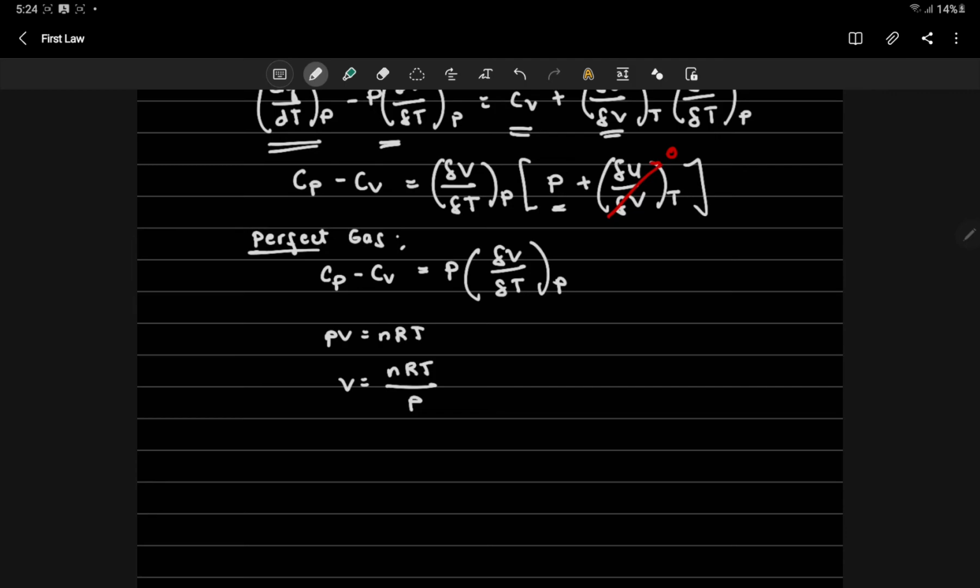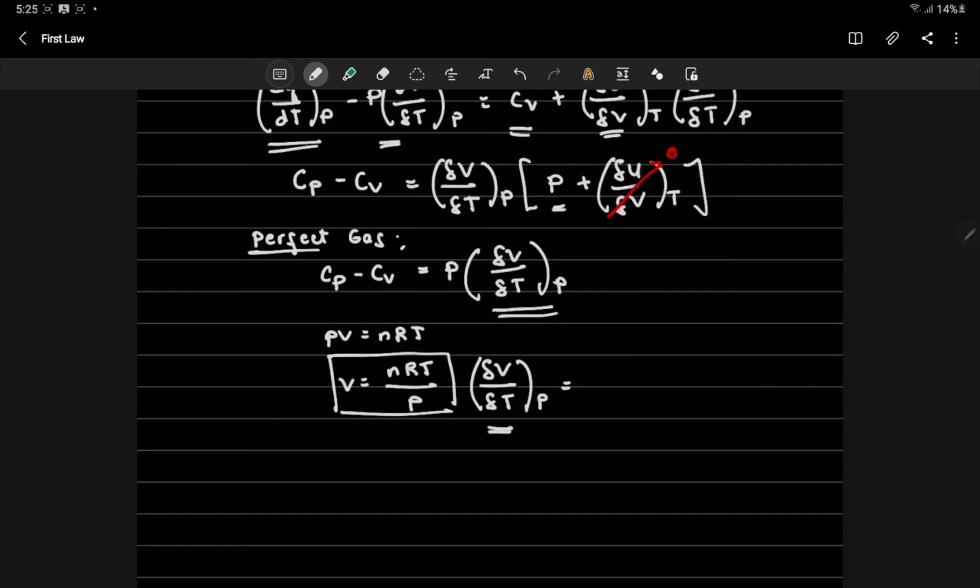Now, what if I'd like to determine the partial derivative of V with respect to T at constant P? Bakit ko gagawin to? Ito yun eh. Gusto nating maghanap ng expression for that. Eh, syempre, gagamitin natin yung ideal gas equation because we're dealing with a perfect gas.